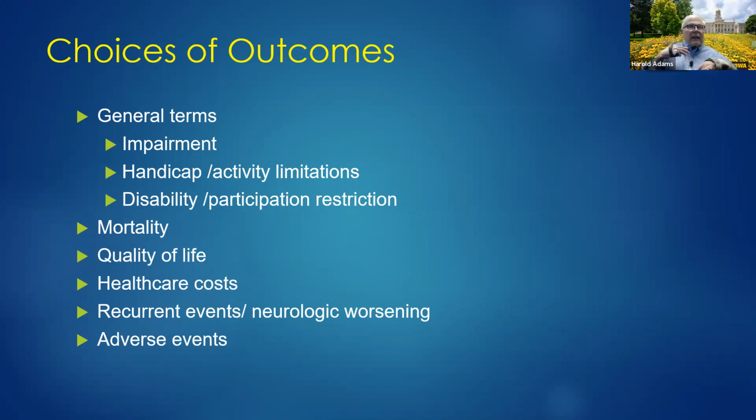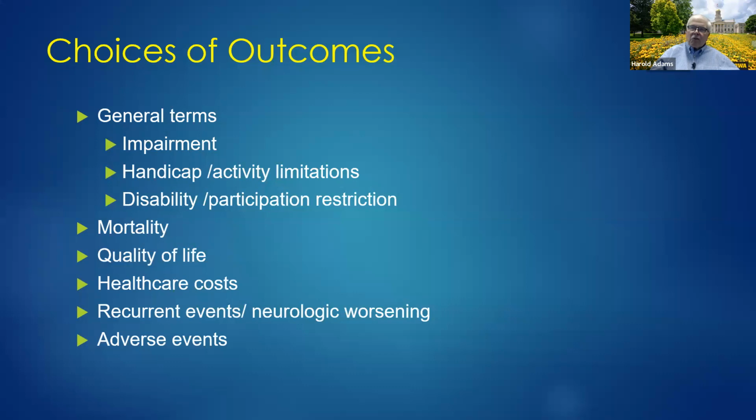So for somebody like me, I have neurologic impairments in my arms and legs. I do have obviously secondary activity limitations, and there are participation restrictions that are secondary. So all those apply to somebody like me.